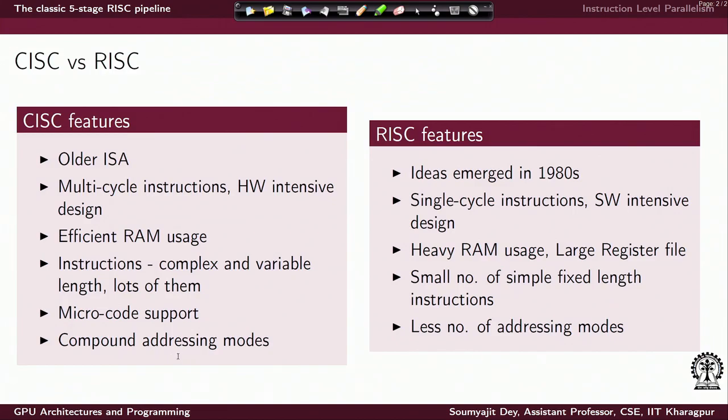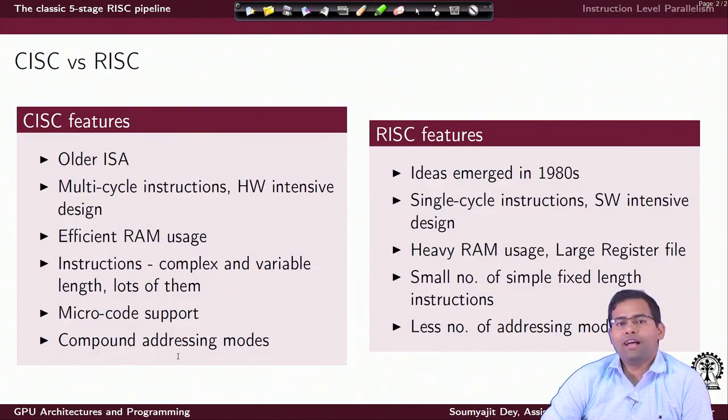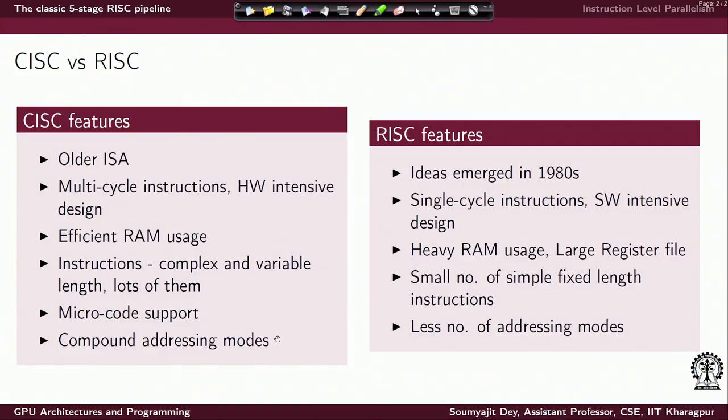Another very important CISC feature is compound addressing modes. There will be a lot of support for multiple different addressing modes in a CISC ISA, or instruction set architecture, whereas in RISC there will be far fewer addressing modes supported.